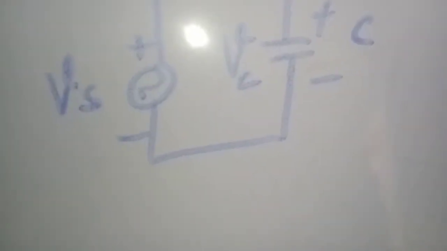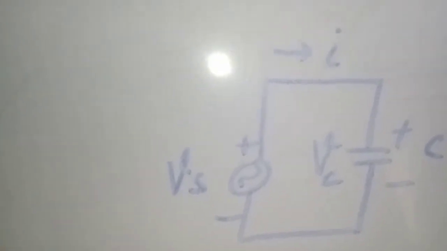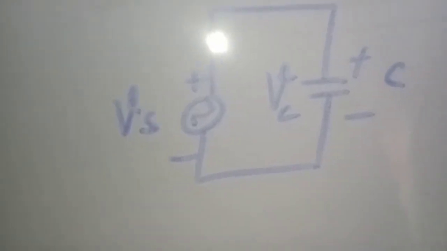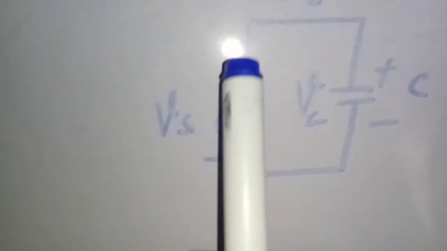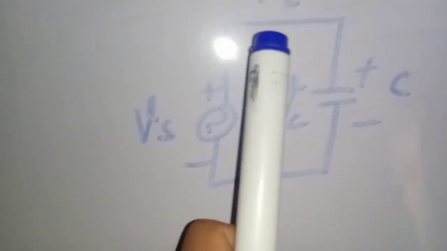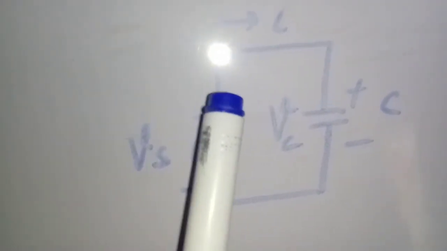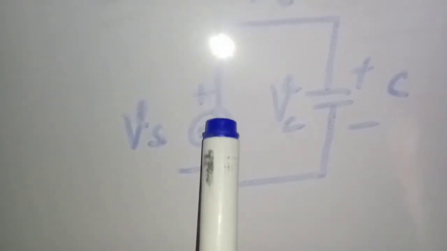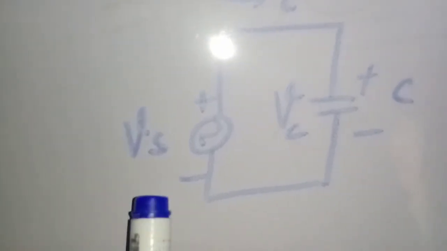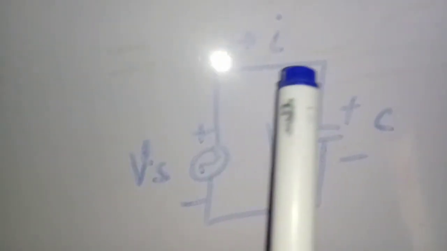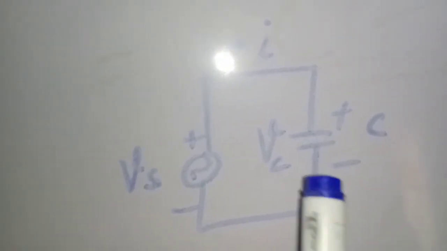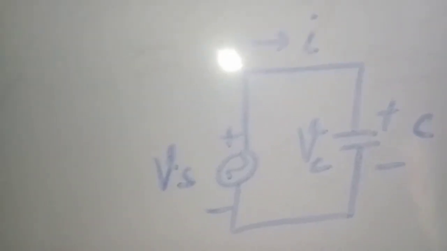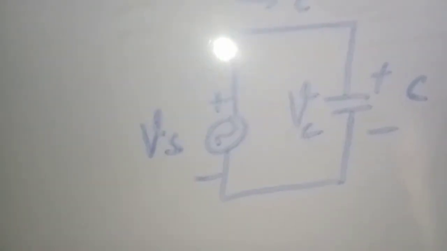Now, why do we write this as Vc, the capacitor voltage, and not the source voltage? The reason is that when we apply KVL, it says that the voltage rise in a loop, going from negative to positive, that is Vs, is equal to the voltage drop, from positive to negative. It means that Vs is equal to Vc.